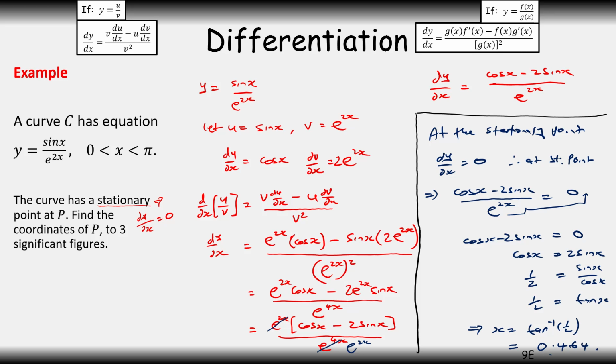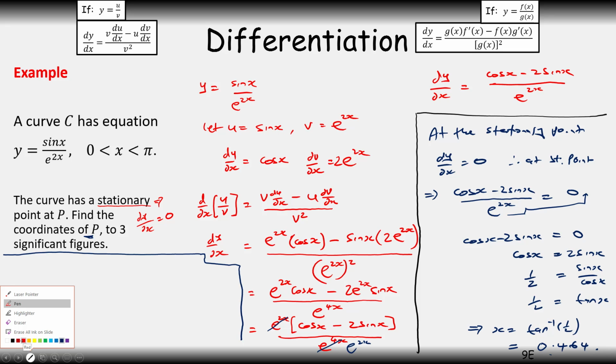So we've got x, that's the value of x at the stationary point, but it wants us to find the coordinates of P. So I also need to find y. Just going to get a different color and we can work through it over here. I want the y coordinate now.